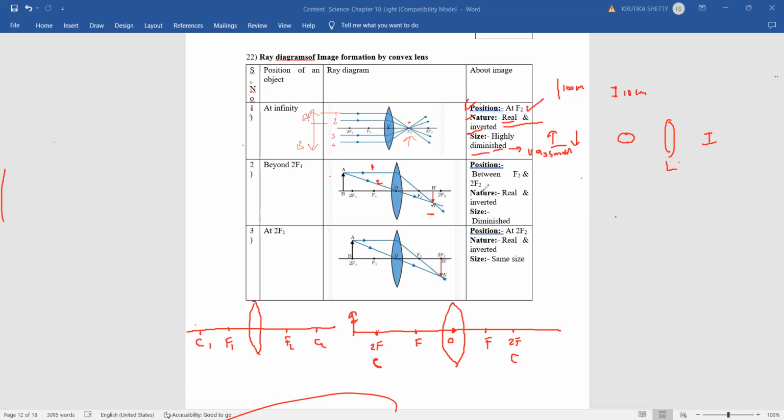Again, this image can be caught on a screen, so it is real and inverted. See the arrow mark here: AB is a standing arrow, and the image arrow is in the downward direction. It means the image is reverse compared to the object.